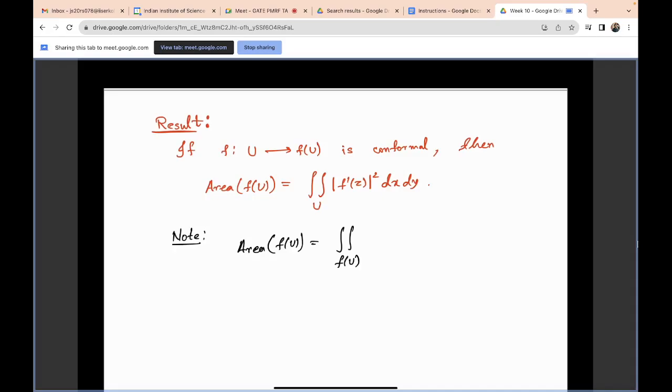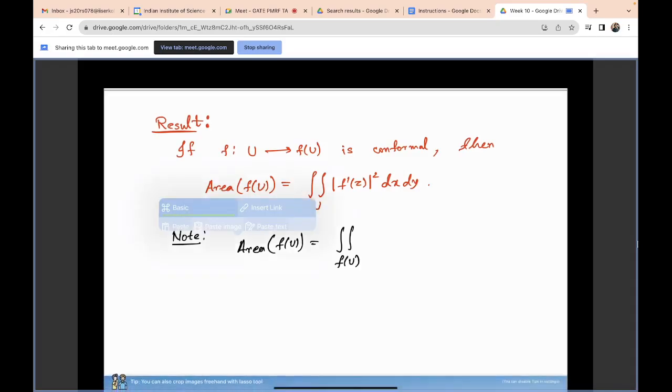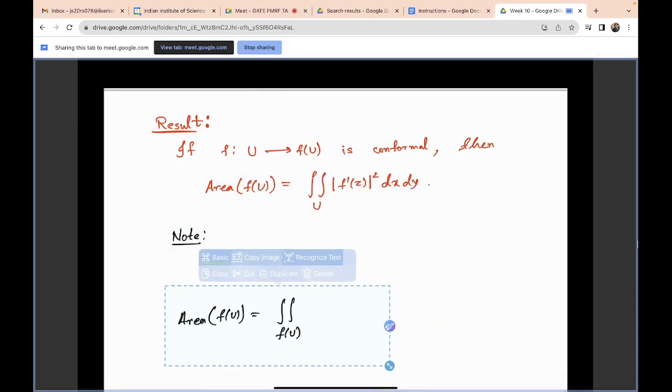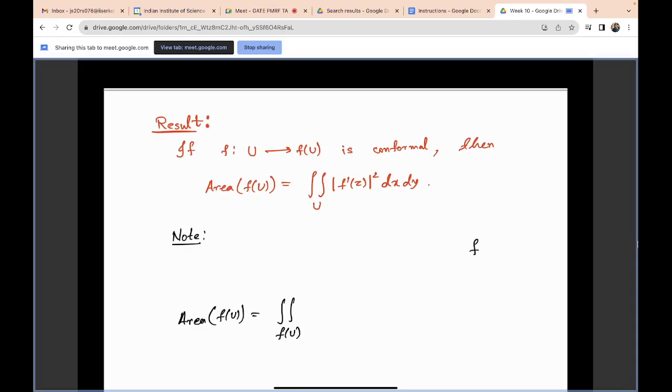Suppose f is a mapping from the xy plane to the uv plane in the complex plane.